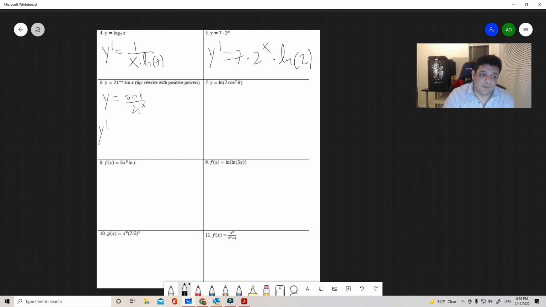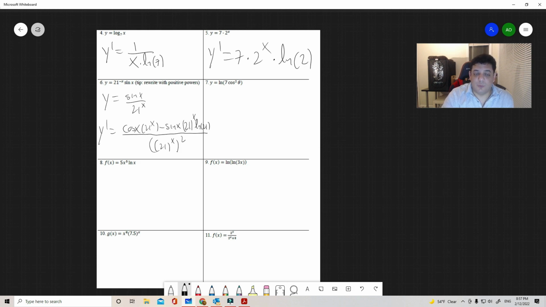The derivative is going to be a quotient rule: the derivative of sine is cosine times 21 to the x, minus sine of x times the derivative of 21 to the x, which is 21 to the x log of 21. And then we divide by 21 to the x squared.